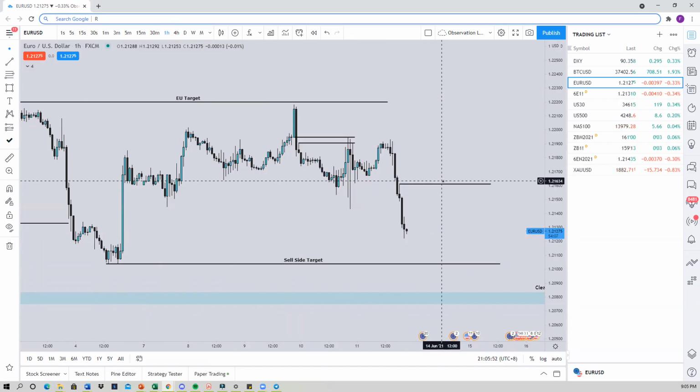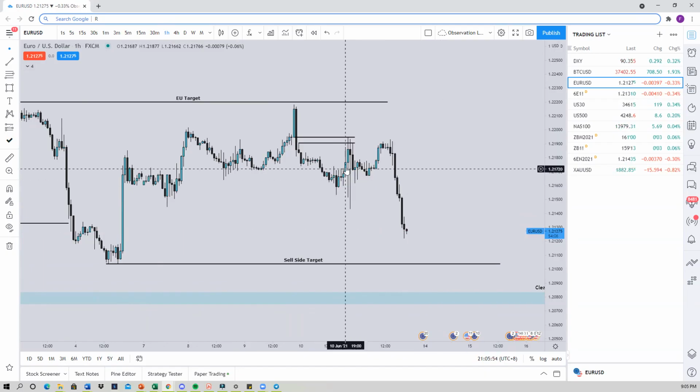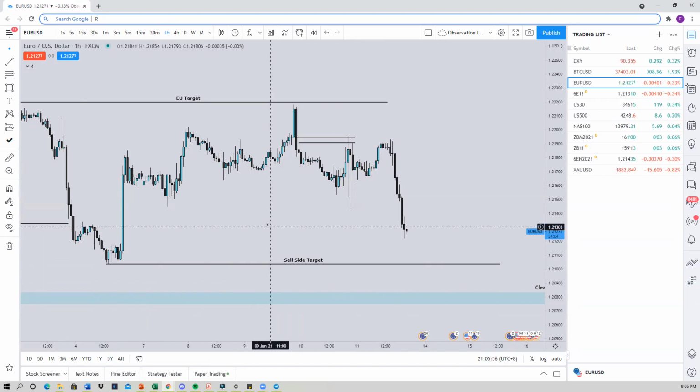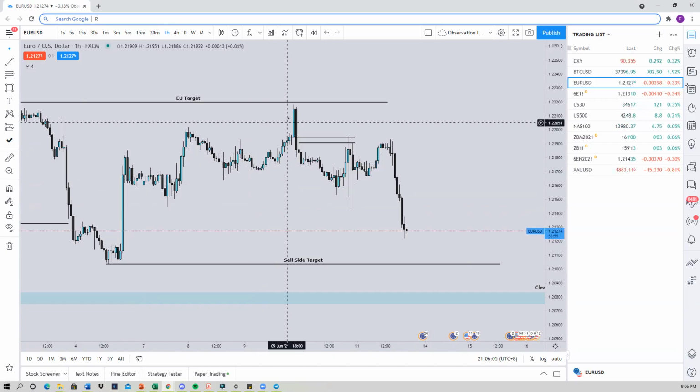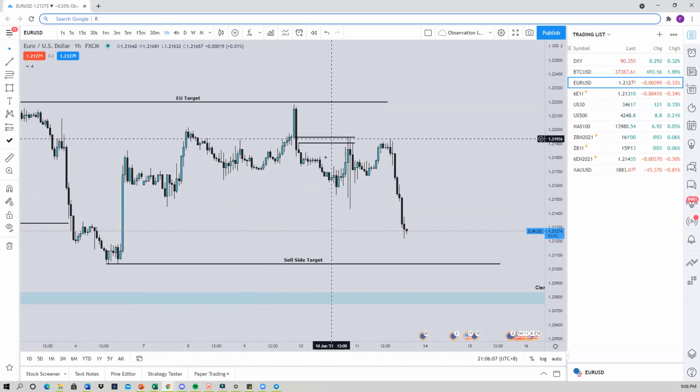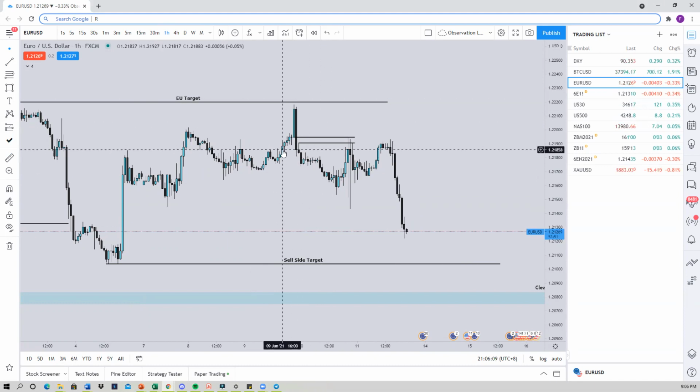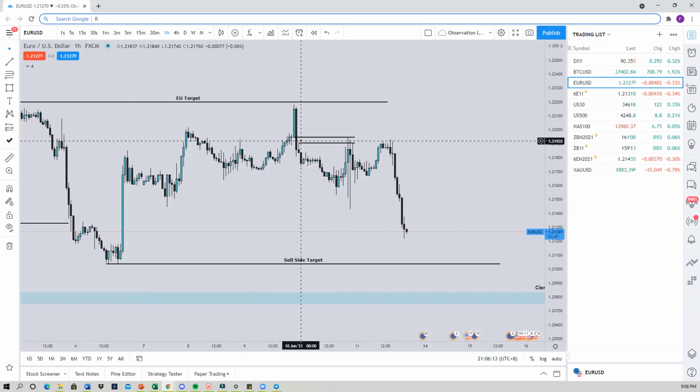A fair value gap is an inefficiency which shows either a liquidity void which is bearish or bullish, right? And the defining factor of a fair value gap is that one of the candles should show delivery of the opposite counterparty.